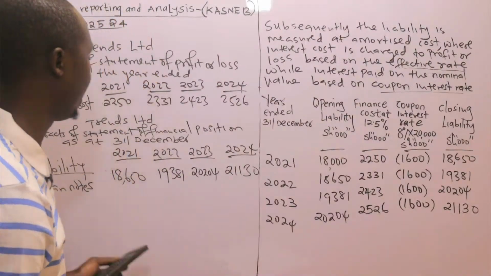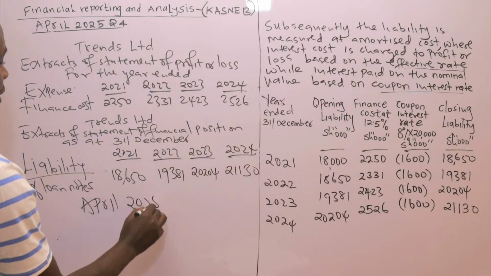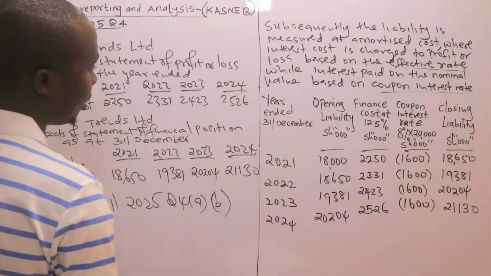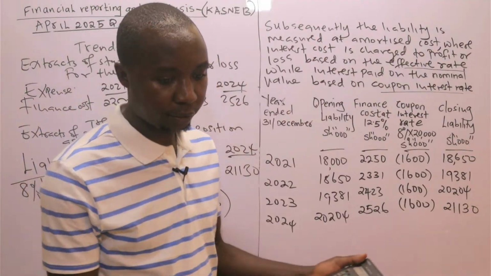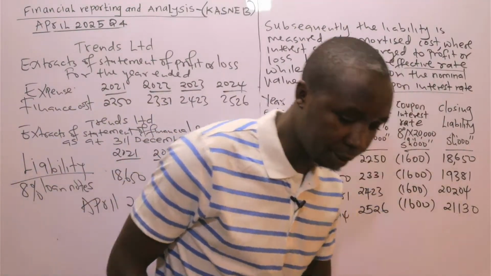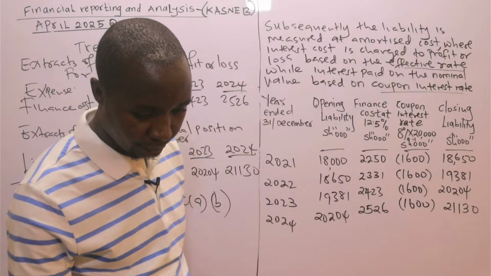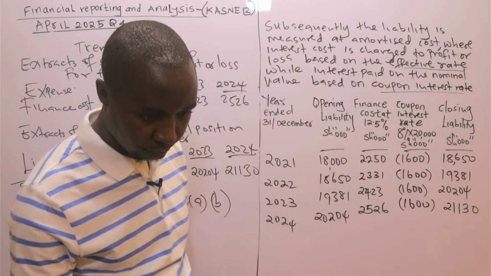Part A and B. We have done A, that is for April 2025, question 4. We have done A and B. This one was carrying 8 marks.